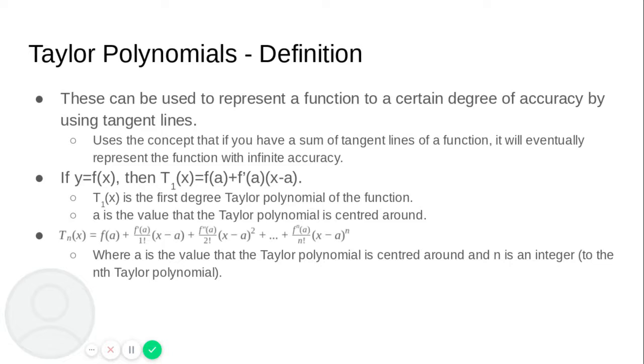And so the general formula is the nth derivative of f at a over n factorial times x minus a to the nth exponent. a is the value that the Taylor polynomial is centered around, and n is any integer.